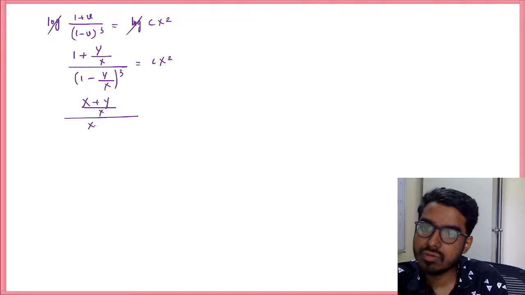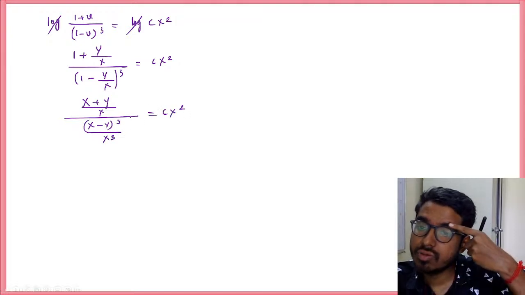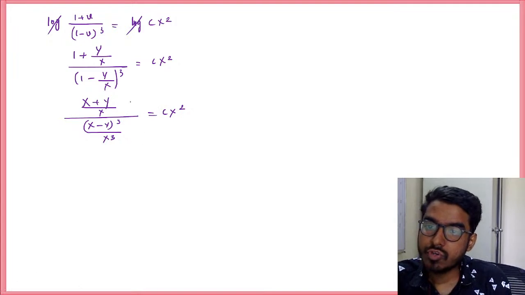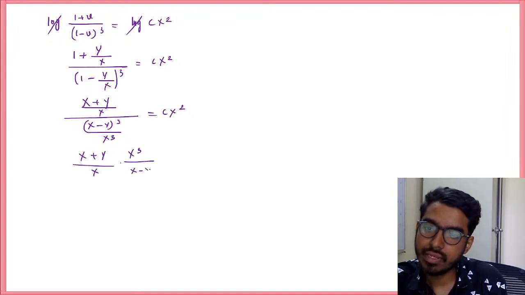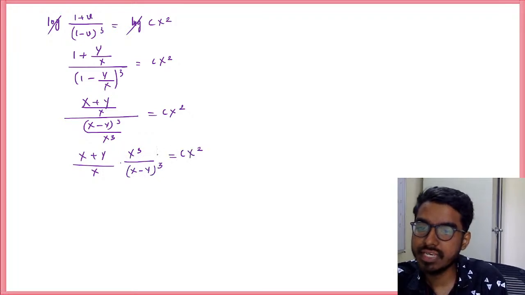Here you will have (X − Y)³ divided by X³ is equal to c times X². So bring this X³ to the other side. So you will have (X + Y)/X into X³ by (X − 5)³ is equal to cX².